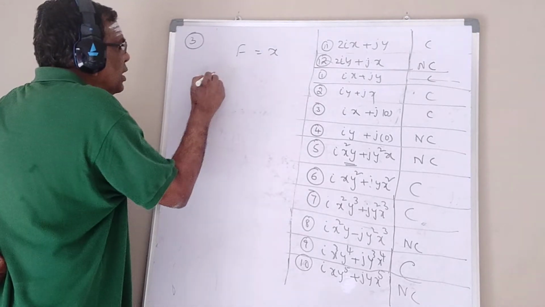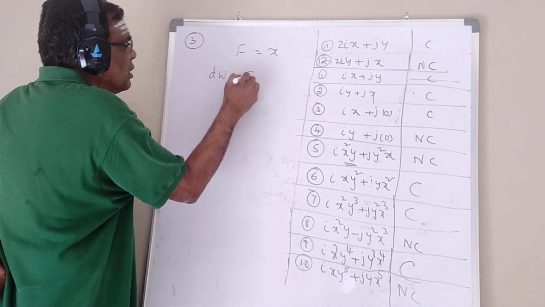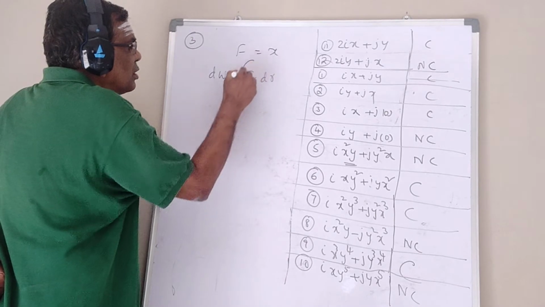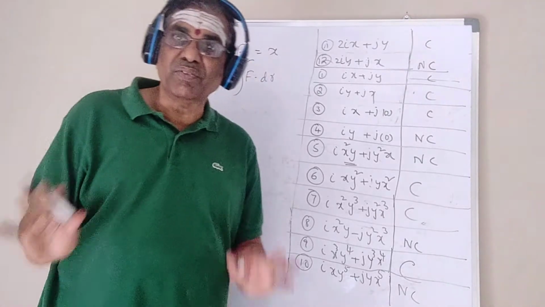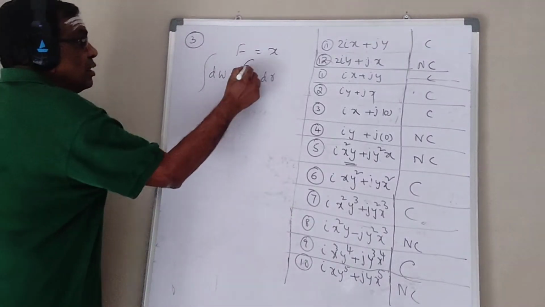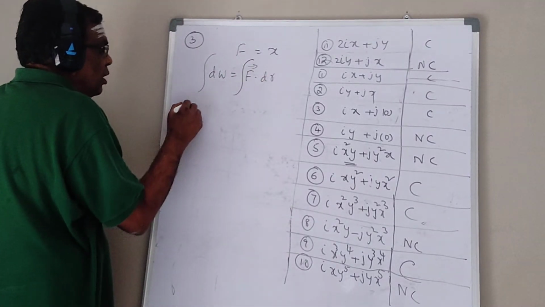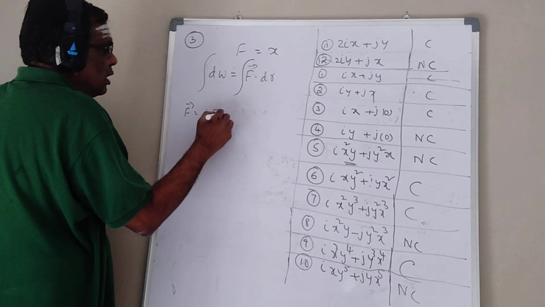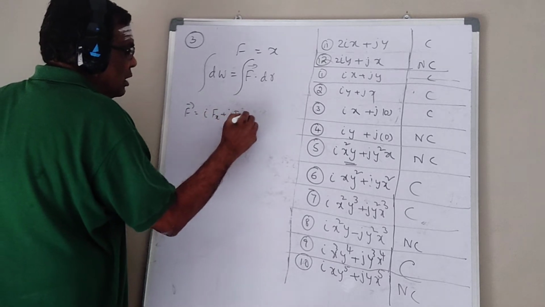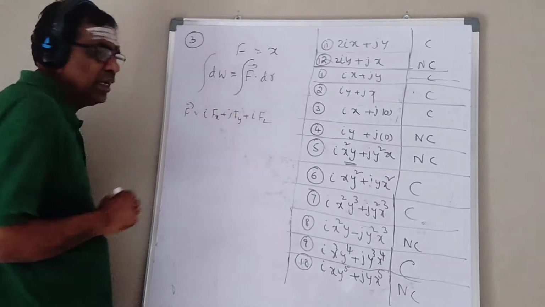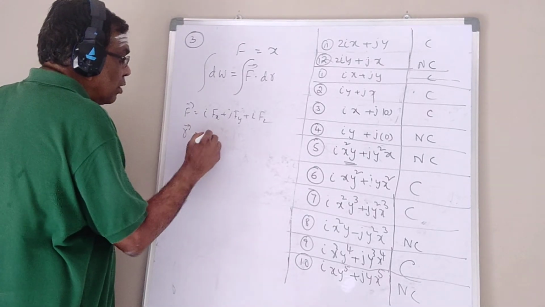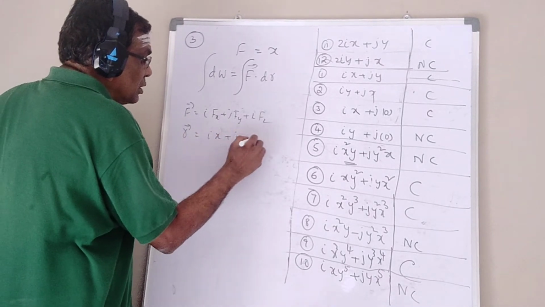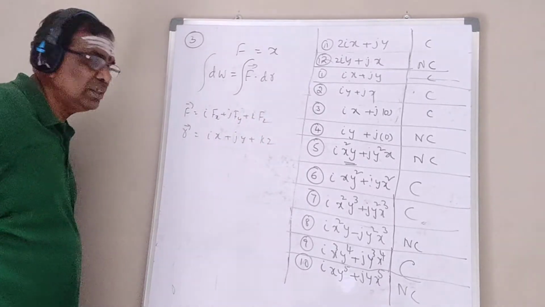Okay? What is work done? dW is F dot dr. Remember, F bar is alpha x i, fy j, kz, R bar is i x plus j y plus k z.